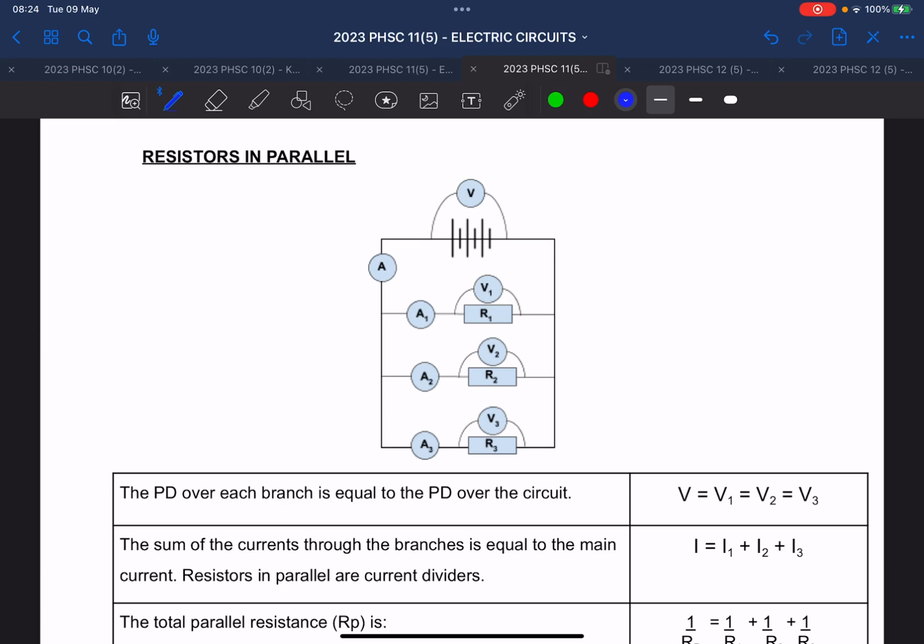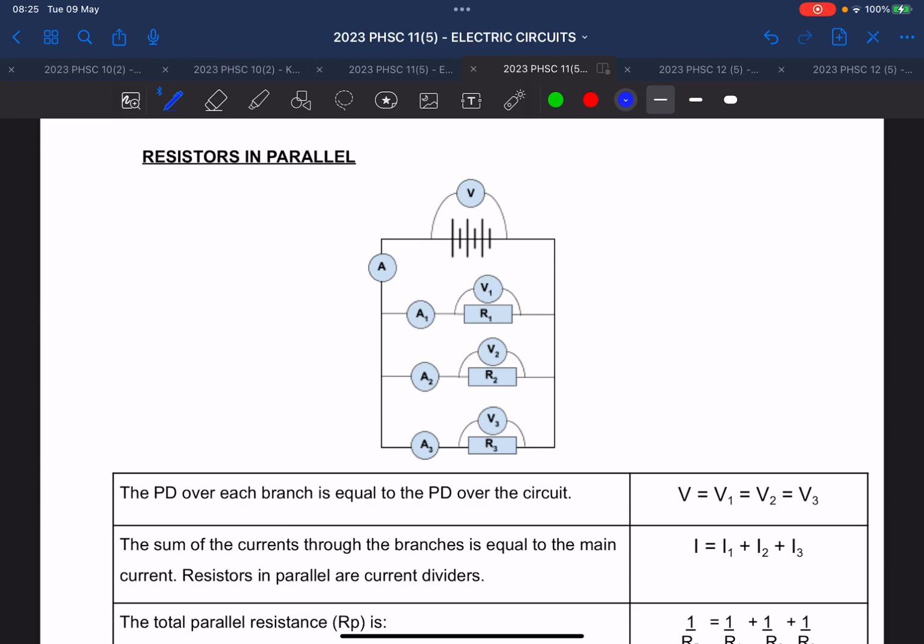Ma'am, will Newton's always take a lot of marks? Always. If you look, of the 150 marks, 35 marks go to Newton's law, 23 to electrostatics, and 28 to circuits.